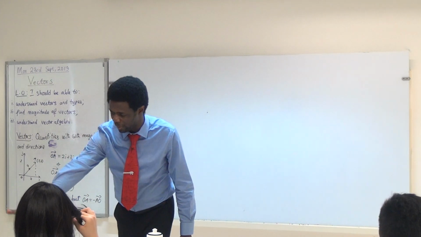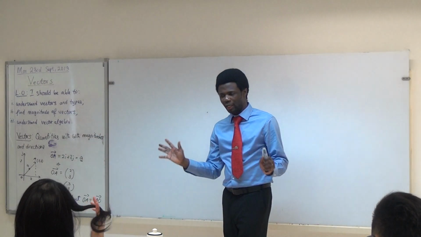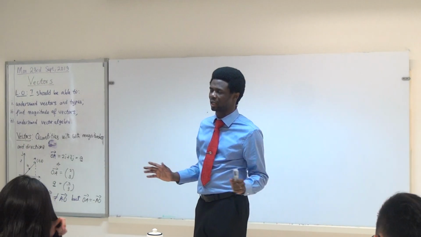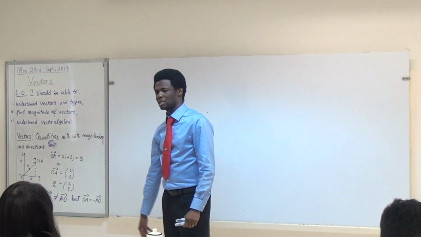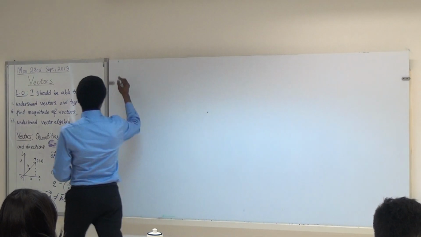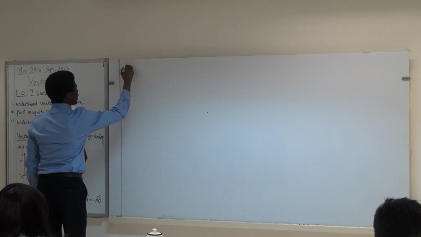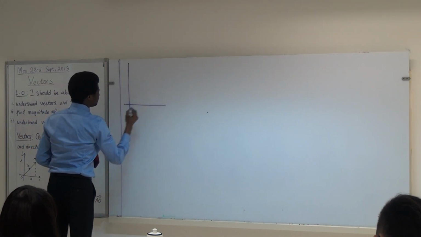So don't look at this paper yet. I will advise you not to look at the papers yet. Looking at it, you might be confused and think, oh my God, what is this? Let's understand this first. Now, how about I give you this? This is vector 2i and 3j, right? So I give you this xy plane.